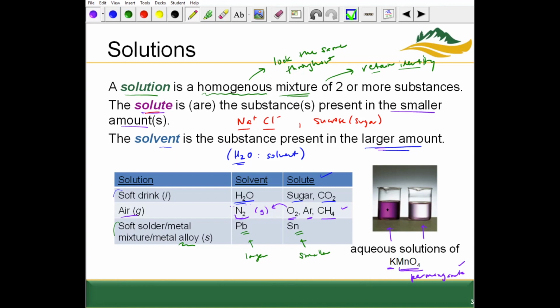The darker color means this is more concentrated and therefore has more solute dissolved into a solvent of water. This is less concentrated, there's less potassium permanganate in this lighter colored solution. More concentrated, a more intense color; less concentrated, a lighter color.